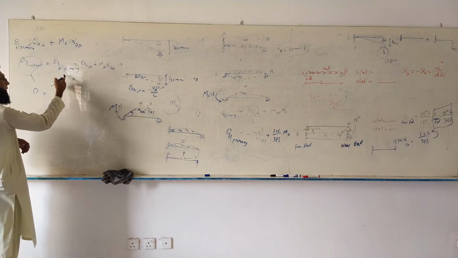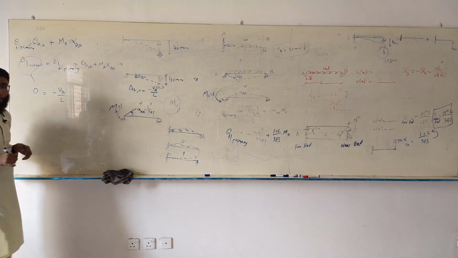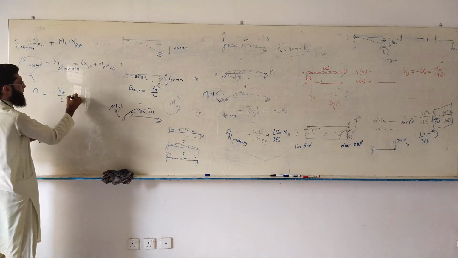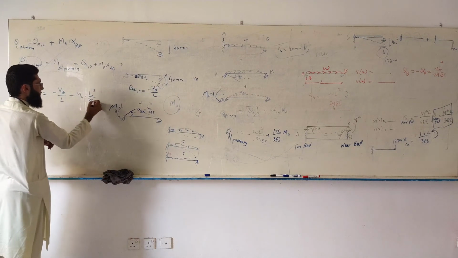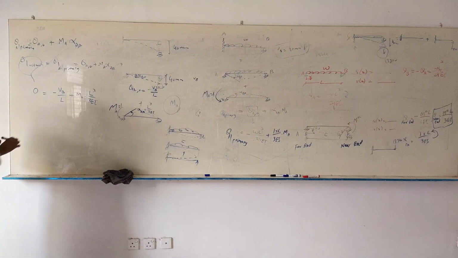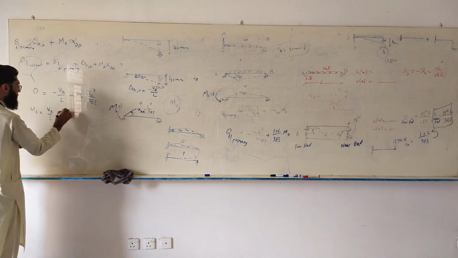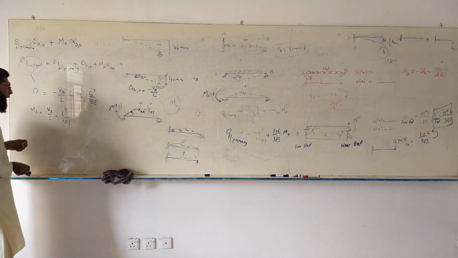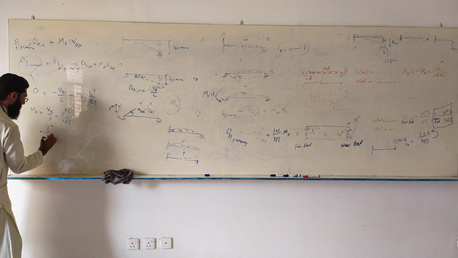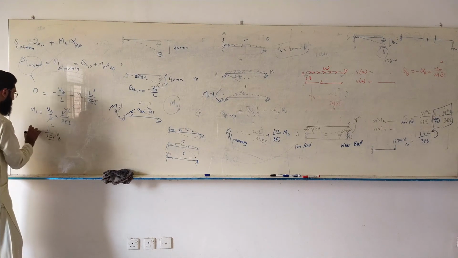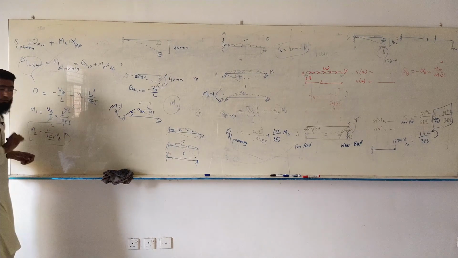Theta A naught is equal to minus VB over L, plus MA times L cube over 3EI. So MA is equal to VB over L into 3EI over L squared. Can you confirm this answer? It is positive, which means the direction was correctly assumed.